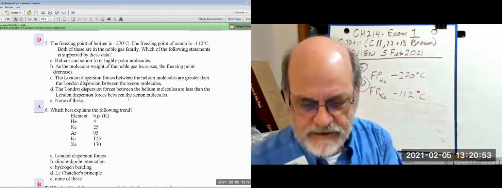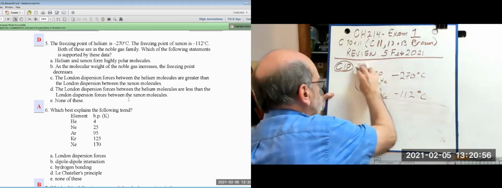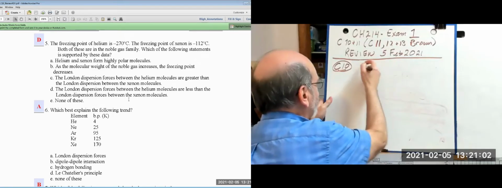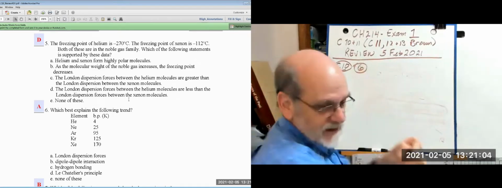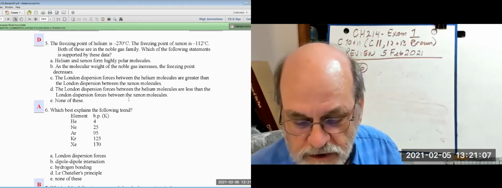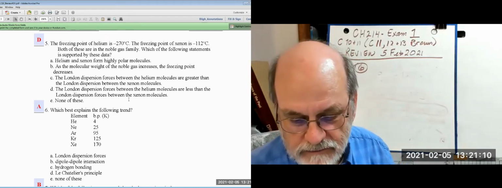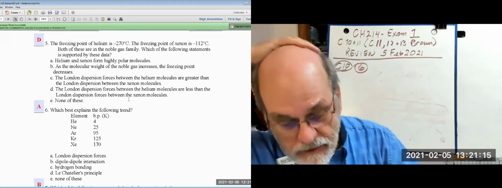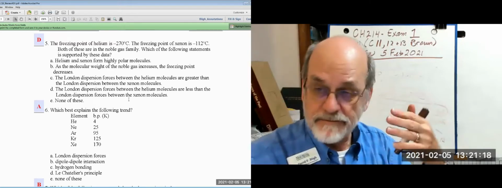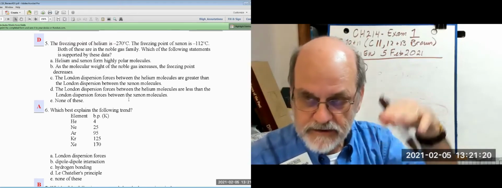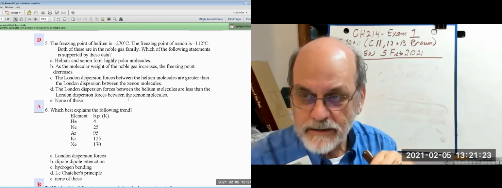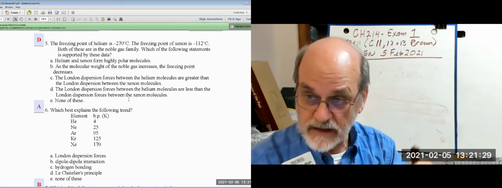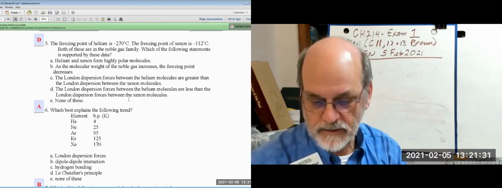All right, how about 6? Okay, 6. Which best explains the following trend? All right, what's the trend? Well, we've got the noble gases listed in this little table from helium to xenon, and the boiling point is increasing as we increase the mass of the atoms.